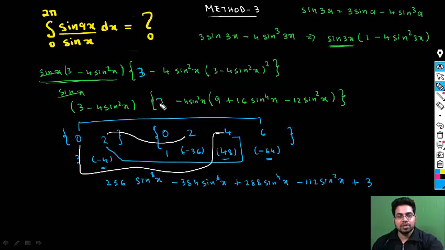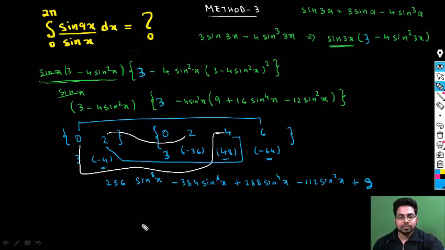So here also it would be 3 and here also it would be 3. This should be 3 because 3 sine a minus 4 sine cube a. So over here to get the constant, this would be 3 into 3. This expression would become 9.